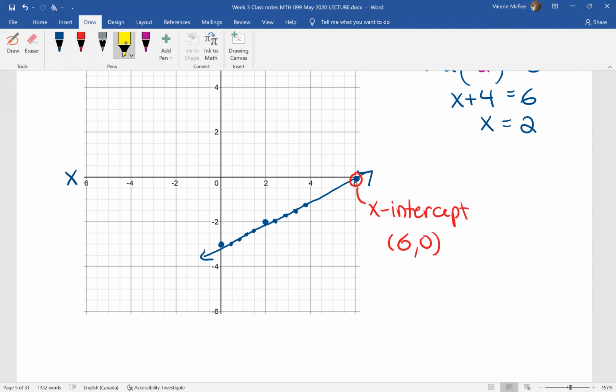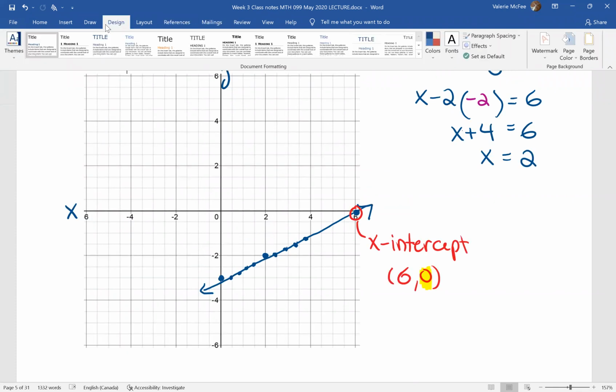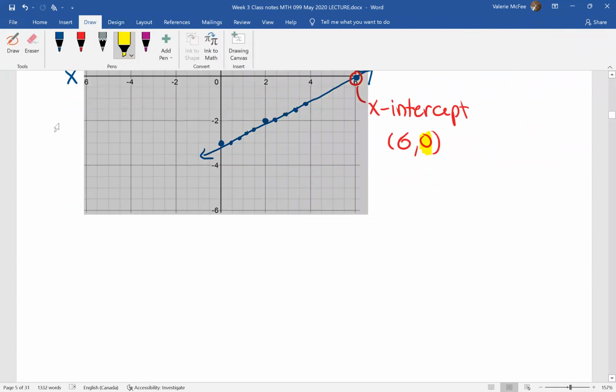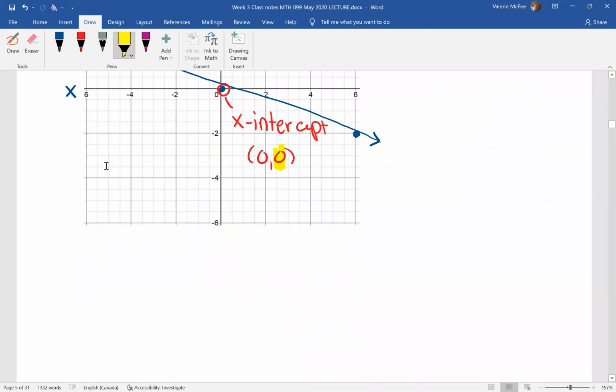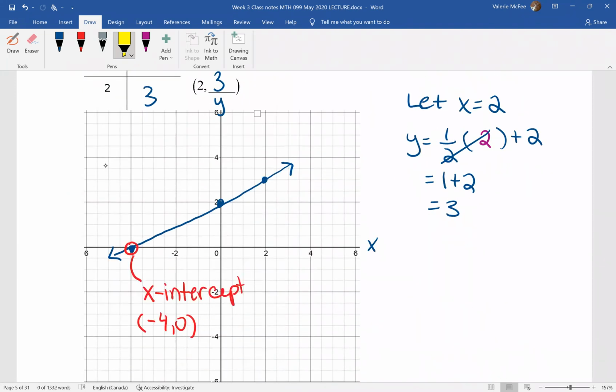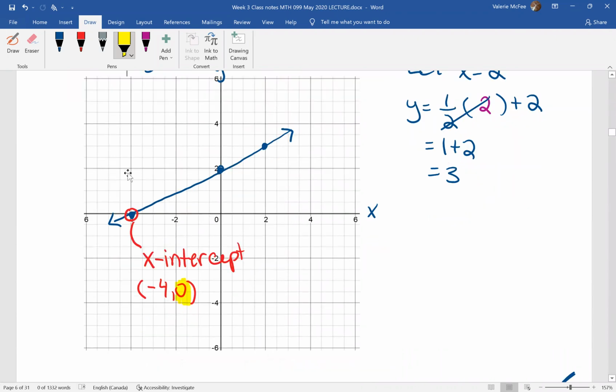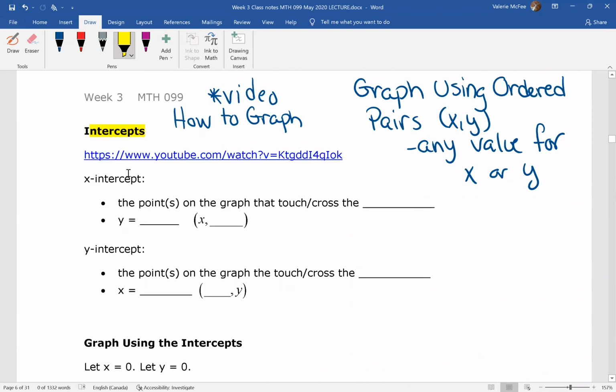What I want you to notice for each of these x-intercepts is that y is always 0. So the x-intercept is the point on the graph that touches or crosses the x-axis.